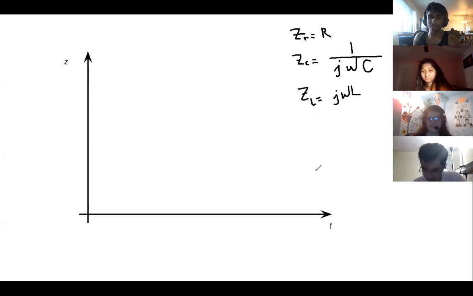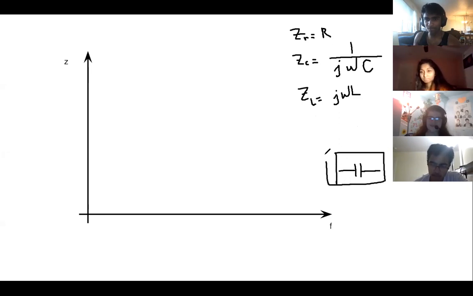So now I'm going to draw what a capacitor really looks like in real life. So you have your ideal capacitor, right? But it's inside like a ceramic package or whatever, right? And like I harp on every single time, everything has an equivalent series resistance and inductance and capacitance.